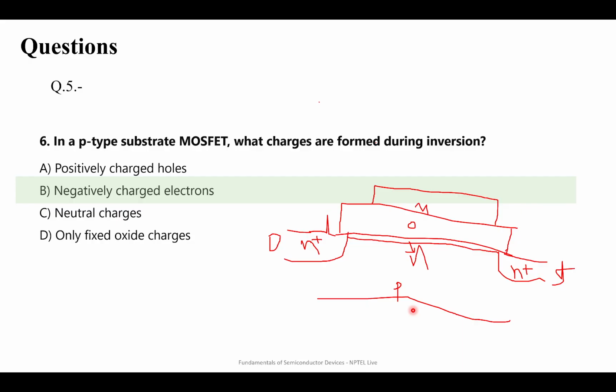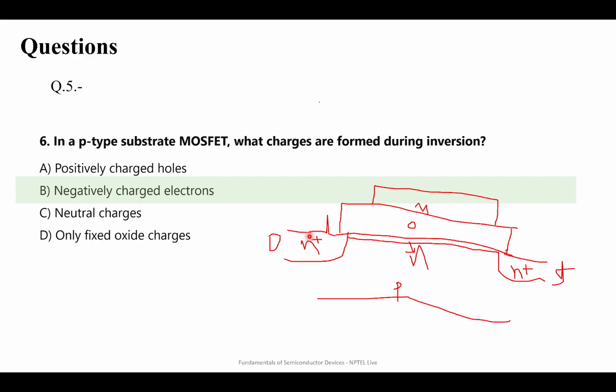Body is generally grounded, kept at zero voltage, and you give a voltage to your metal part that creates an electric field across your oxide. That electric field creates your accumulation or inversion charges in this small region near your interface. That is why it's called field effect.